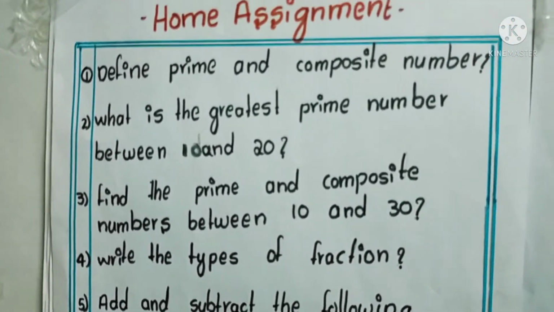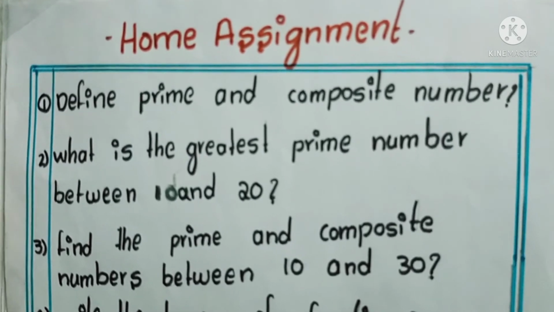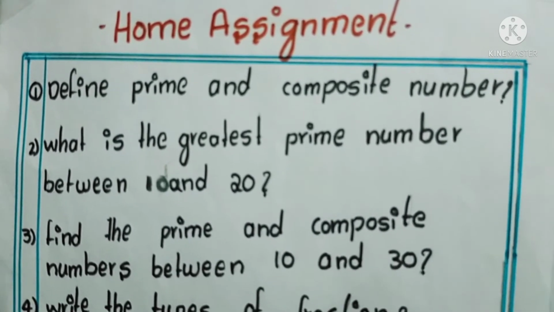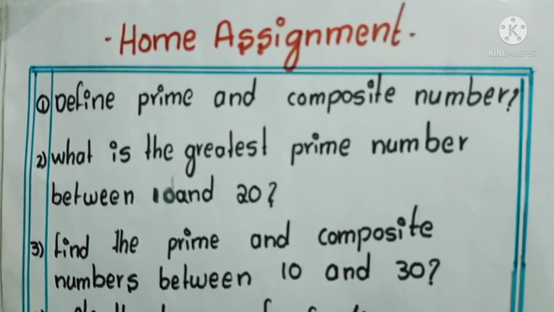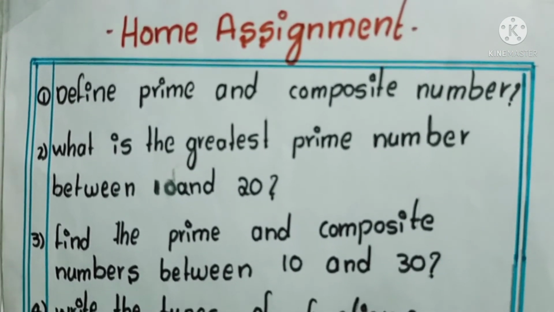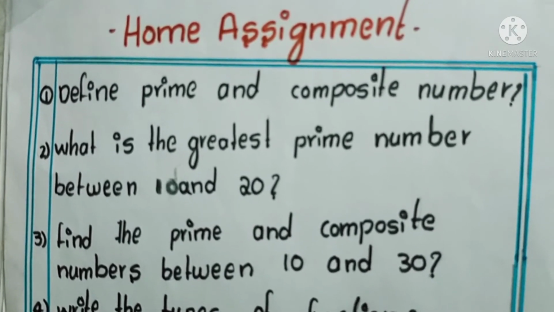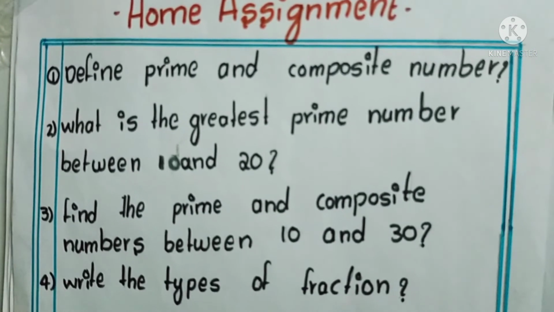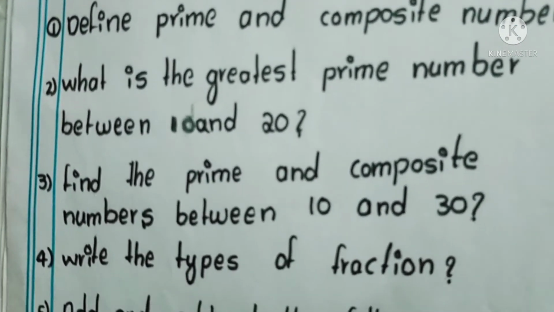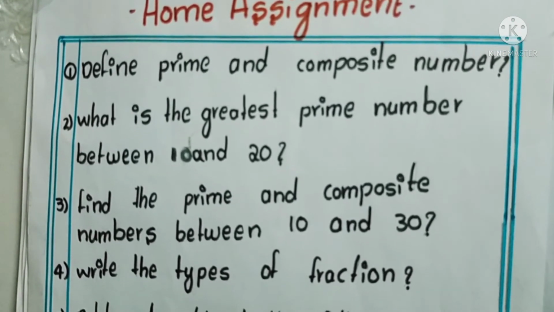Students, here is your home assignment. First problem: define prime and composite numbers. Second: what is the greatest prime number between 10 and 20? Third: find the prime and composite numbers between 10 and 30.